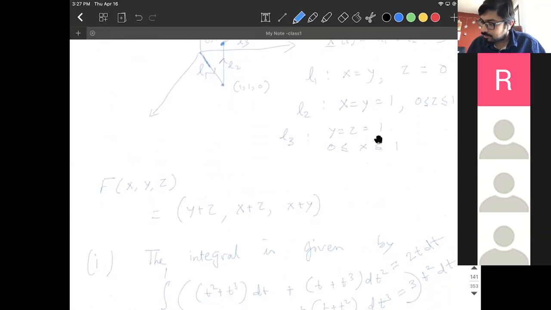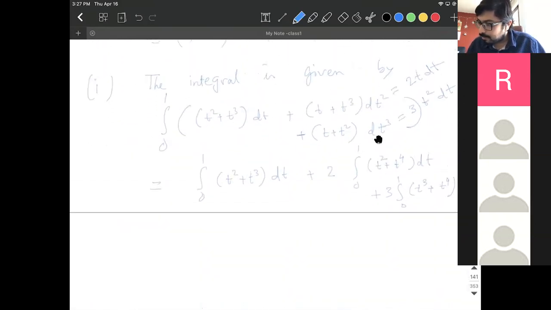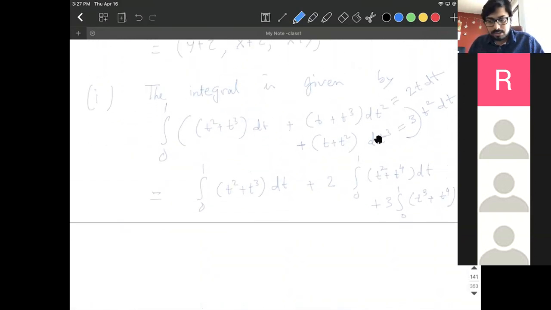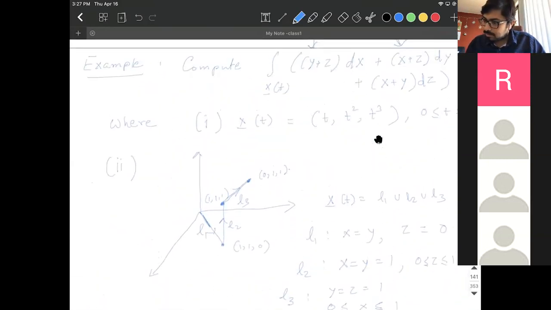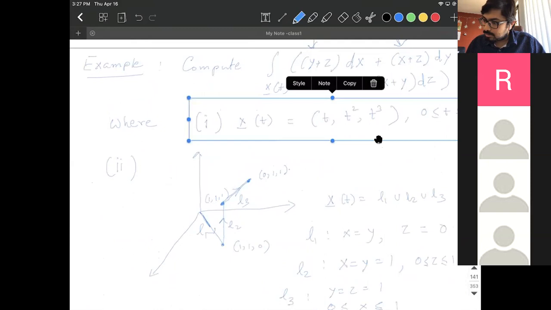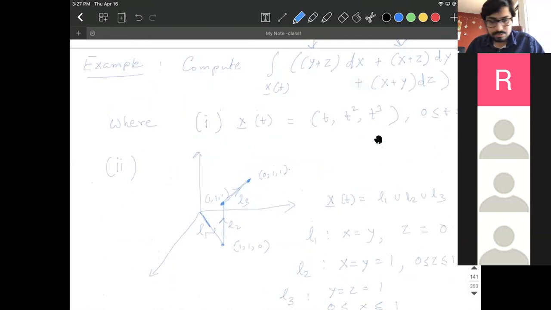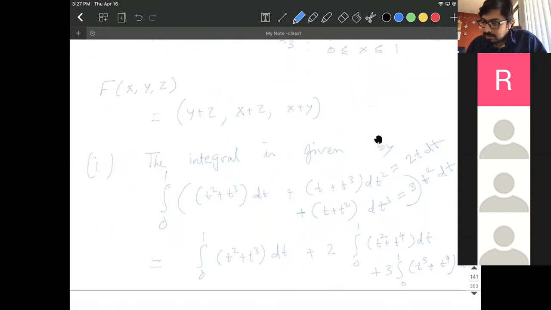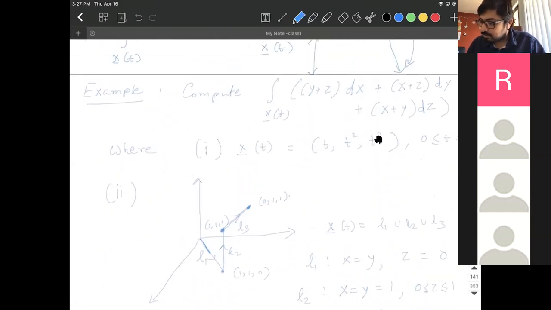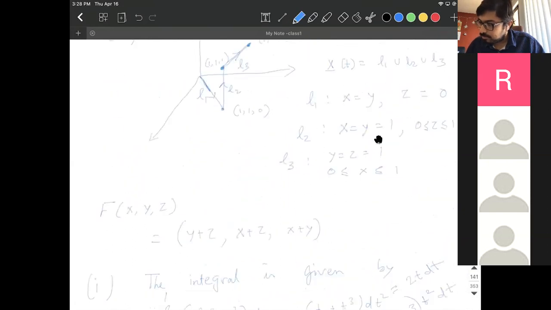Hence, when we compute the integral, this is t squared plus t cubed: y plus z, where y is t squared and z is t cubed. And it's dt simply because on the first component it's t. Then on the second component, it's x plus z times dy, and x plus z is t plus t cubed.